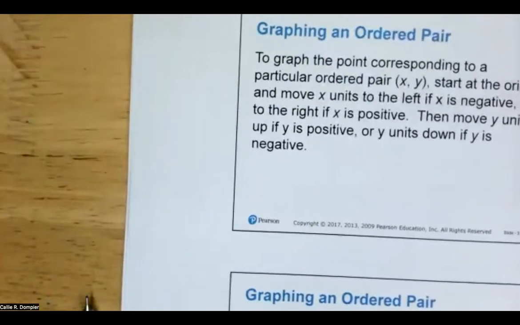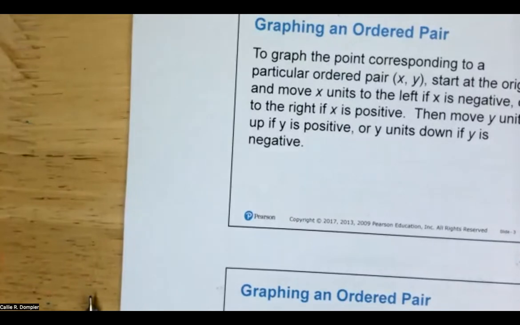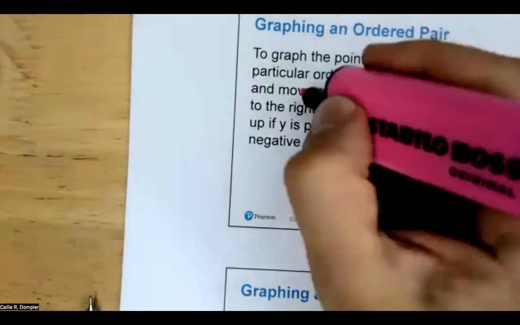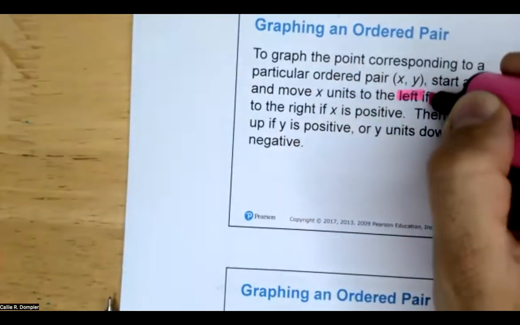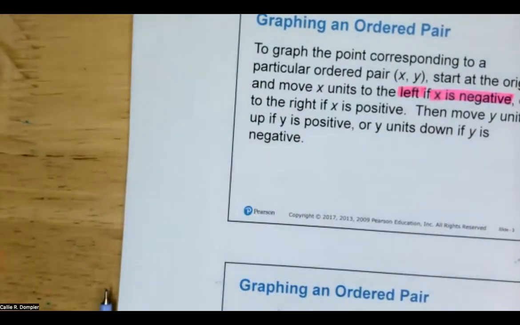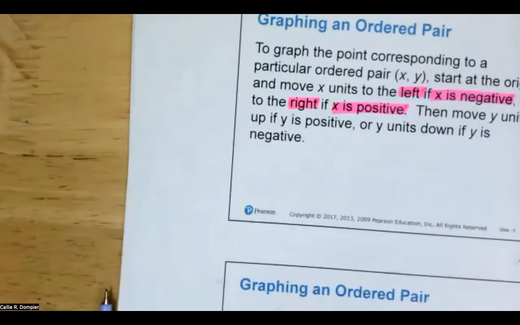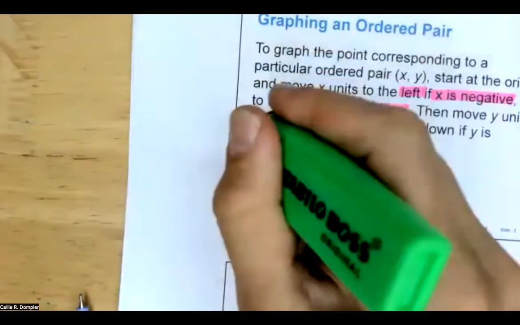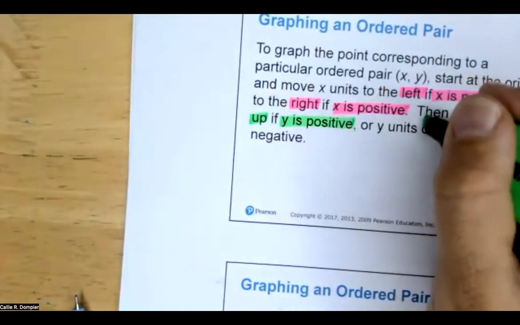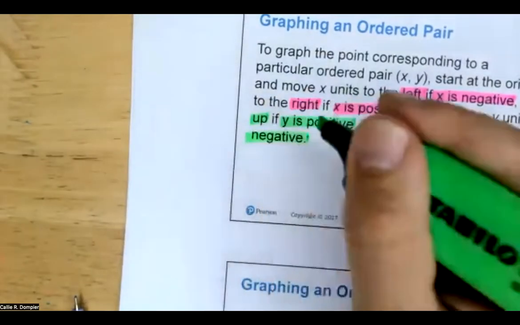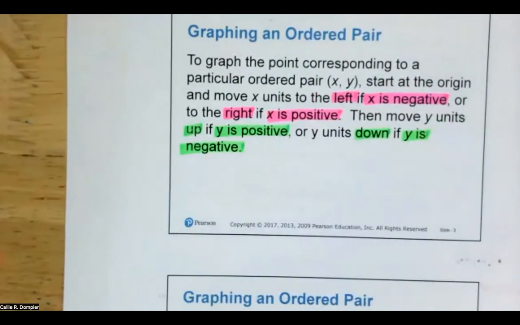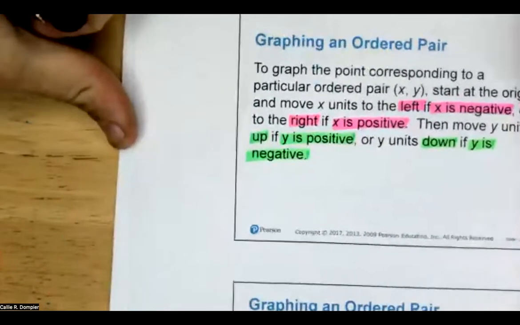So to graph a point corresponding to an ordered pair, start at the origin, move x units to the left if x is negative, or to the right if x is positive, move y units up if y is positive, down if y is negative. So another way to say that is we have our coordinate plane.